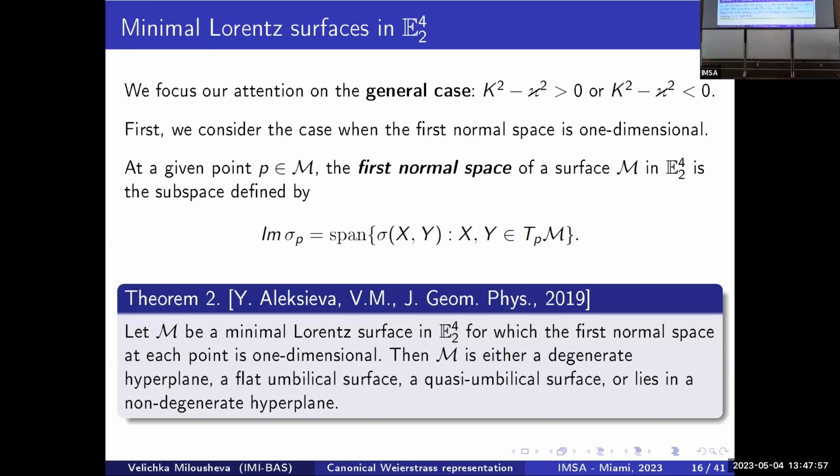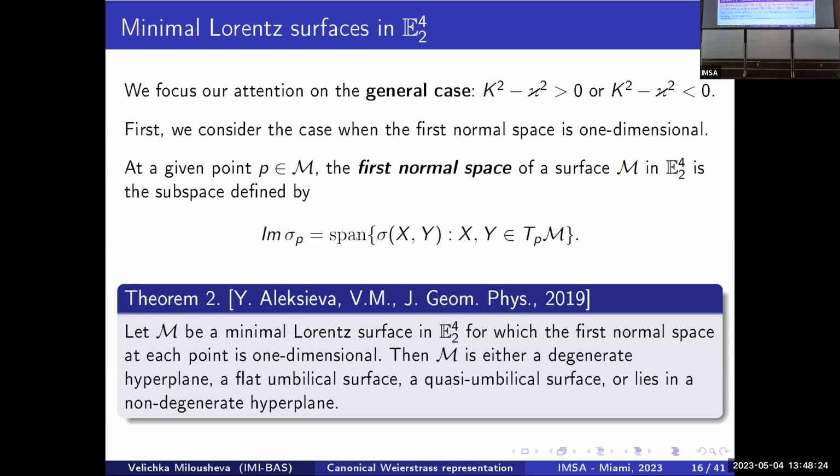And first, we consider the case when the first normal space is one-dimensional. The first normal space is the subspace of the normal space, defined as the image of sigma at p. Sigma is the second fundamental form. This is the space spanned by all sigma of x, y, where x, y run in the tangent space.